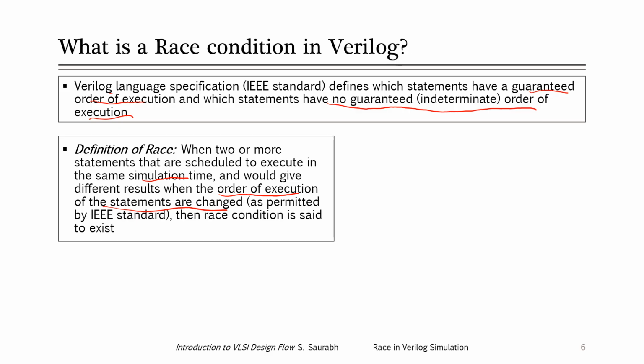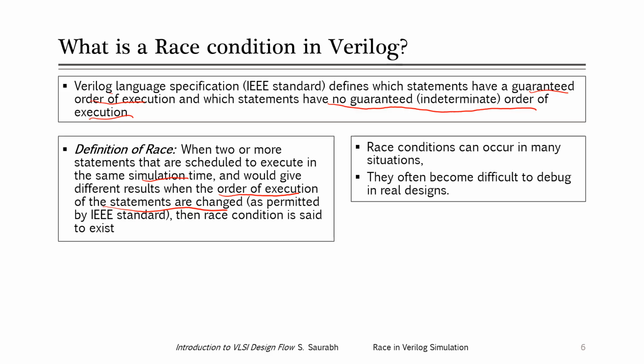In the example shown, that was true because the output can be either p is equal to 0 or p is equal to 1, and it depends on the order of execution, and the order of execution can be anything as defined by the IEEE standard, and therefore there is a race condition in this case.